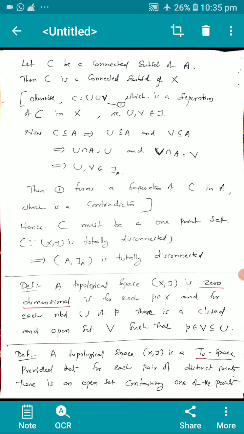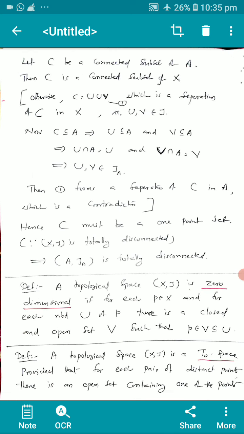Then C equal to U union V forms a separation of C in A. That is, U and V form a separation of C, which is a contradiction. Hence C must be a one-point set. What is the reason? Since X is totally disconnected. That implies A is totally disconnected.